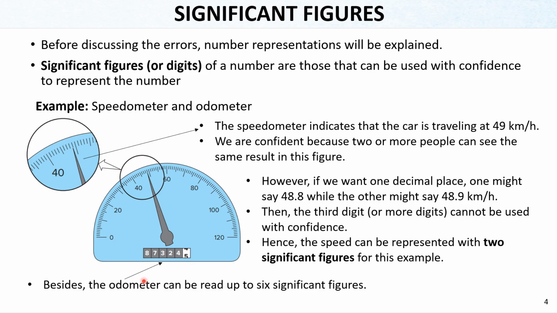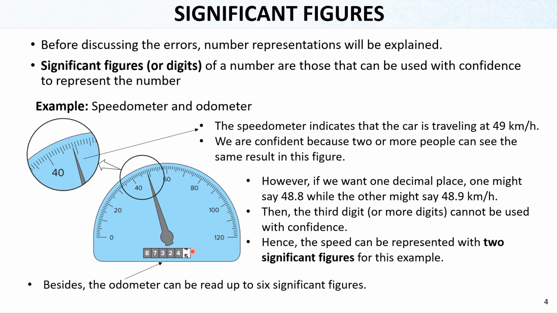We can read this odometer up to 1, 2, 3, 4, 5, 6 digits. So that's why we can say that we are confident up to 6 digits, and we have 6 significant figures for this odometer value.